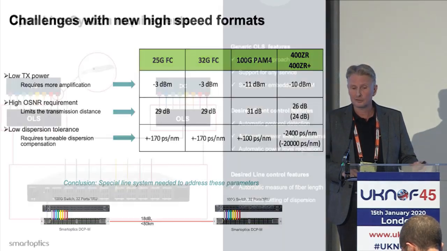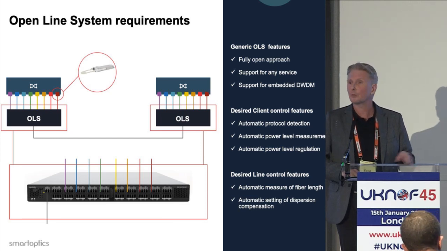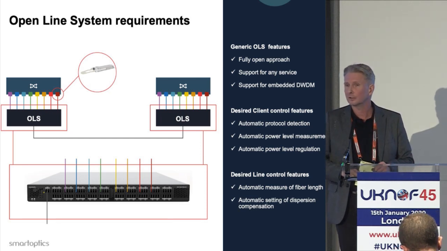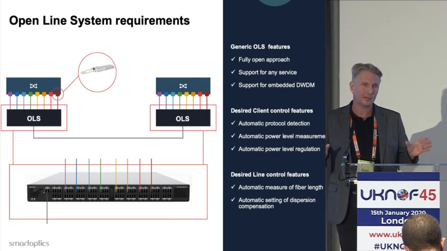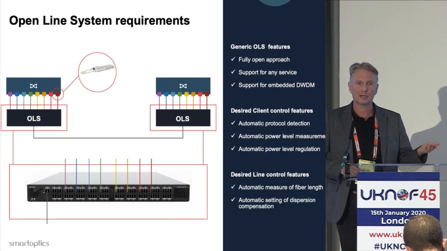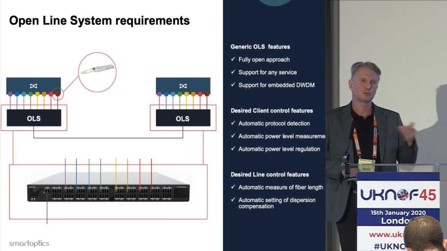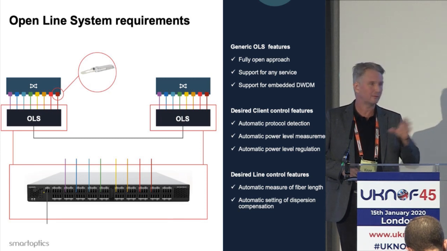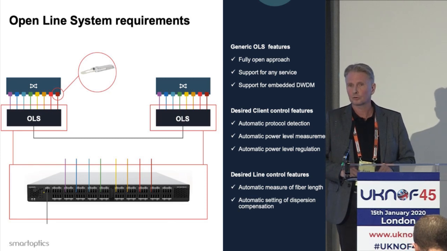And I just did a slide here showing some of the requirements that we see from our customers asking questions around it, that an open line system should of course be open for anything. You should be allowed to run your optics directly in a switch or router, the embedded approach. You should be able to have a transponder from any vendor running over it. So you should be agnostic to what the host equipment and the transponder look like.